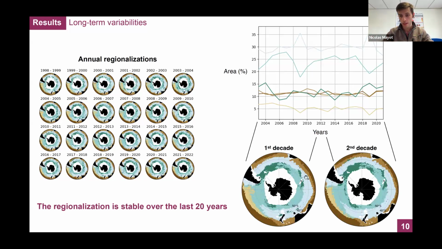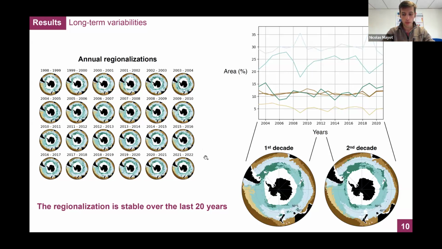It looks like the regionalization that I propose as a climatological state is stable over time. So that's my conclusion here, is that the regionalization that I have produced is relatively stable over the last 20 years. But I don't see a large variability over time, like internal or decadal variability.